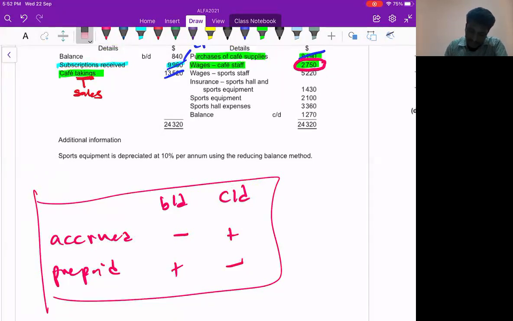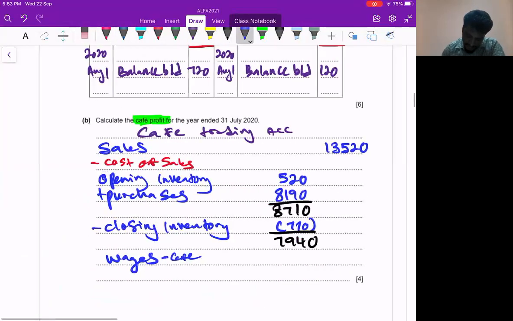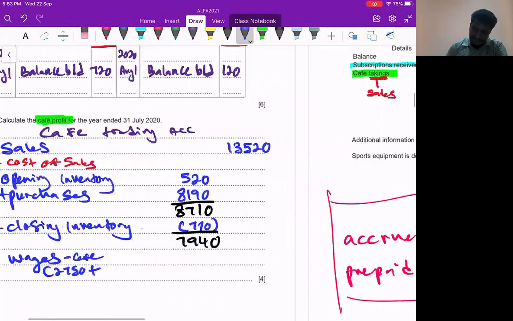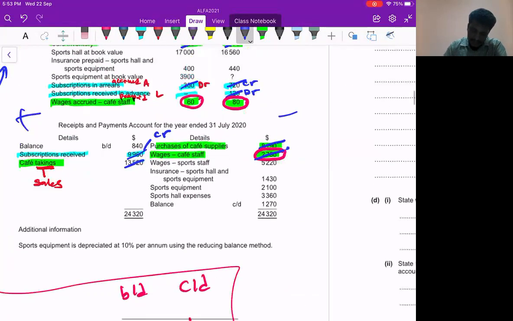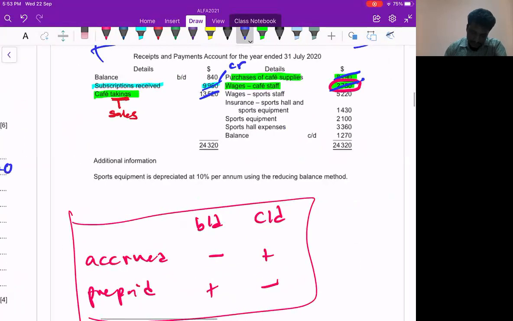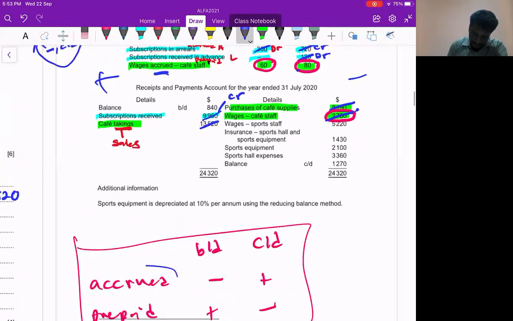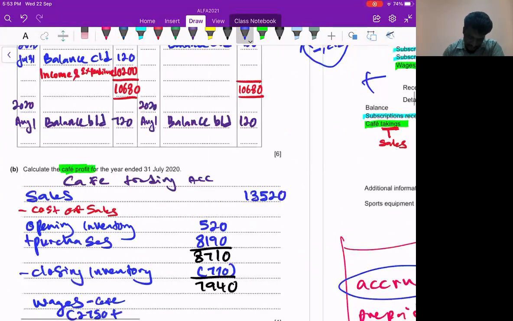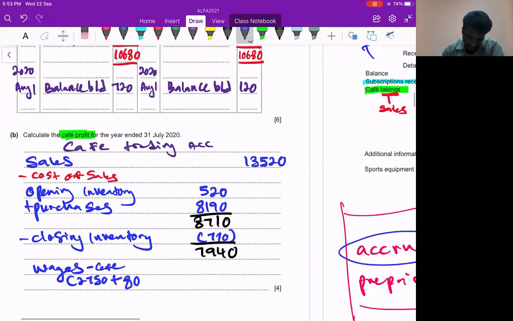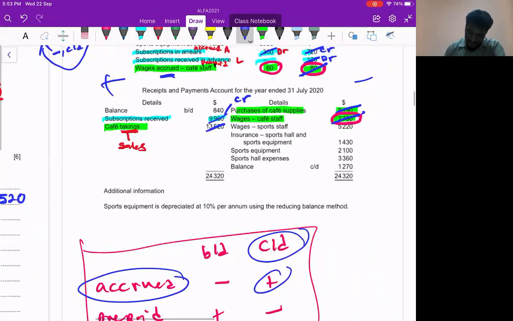Now this 2,750 is the wages. So I write down 2,750 plus accrued CD plus 80, minus BD minus 60.